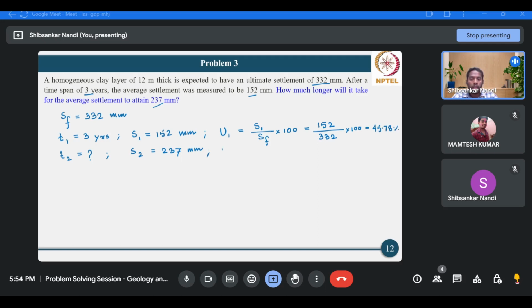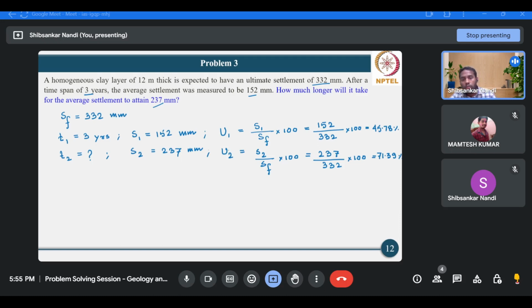Now coming to the second case, where your S2 value is given as 237 millimeter, the degree of consolidation would be 237 divided by 332 multiplied by 100, that is 71.39 percent. So now we know the degree of consolidation for both cases.